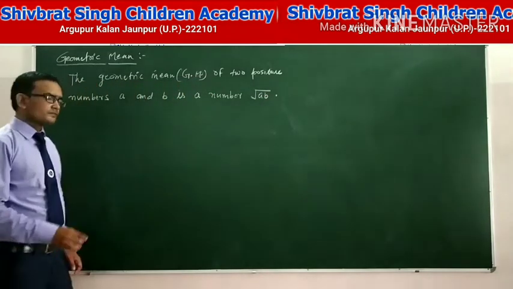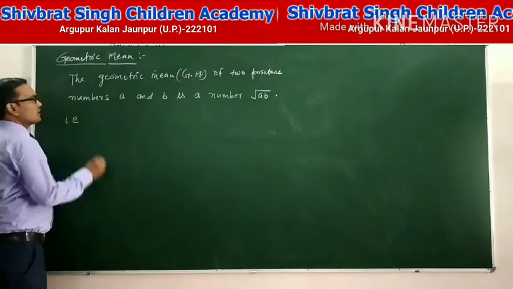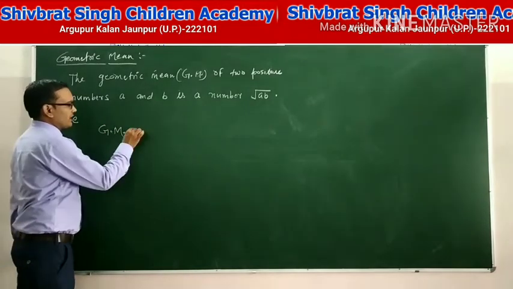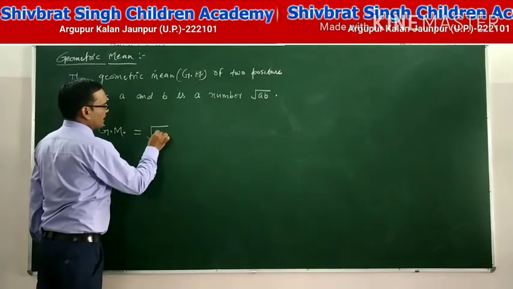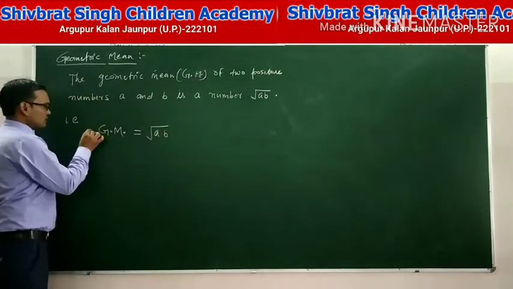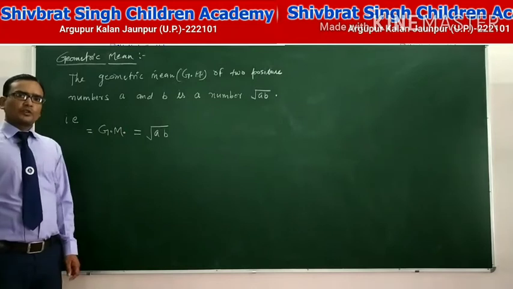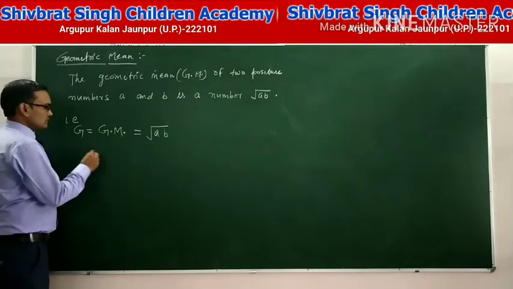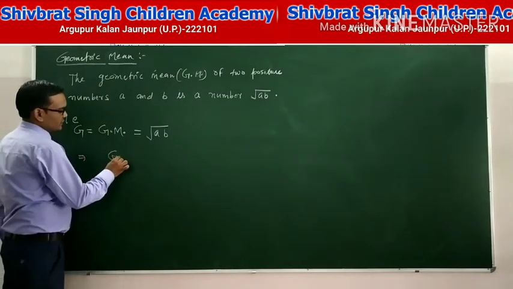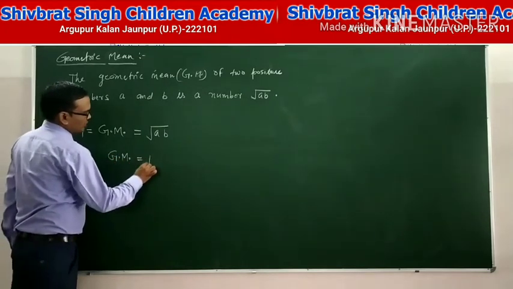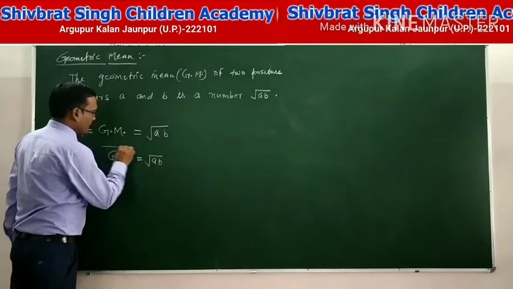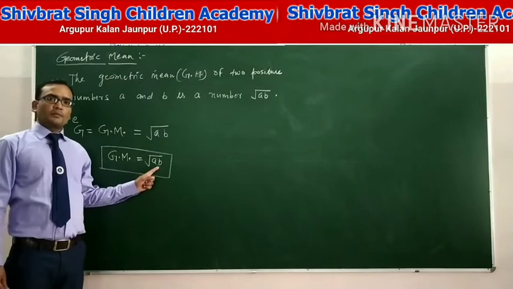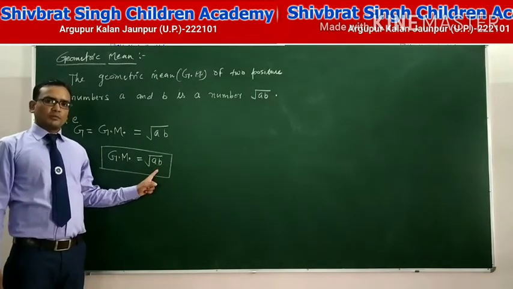That means geometric mean of two positive numbers A and B is square root AB. Geometric mean is also written as the capital G. This implies that geometric mean GM equals square root of AB, where A and B both are positive numbers.